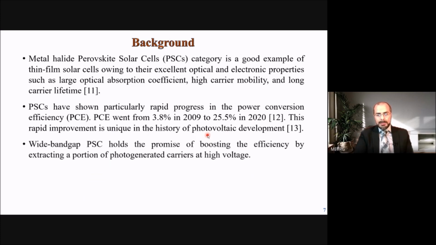Specifically, wide bandgap perovskite solar cells hold the promise of boosting efficiency by extracting a portion of photo-generated carriers at a high voltage.